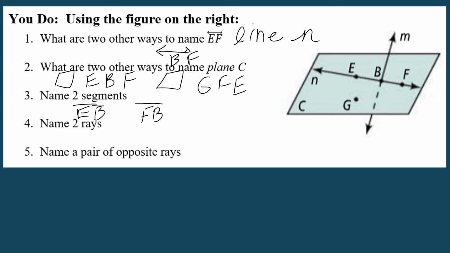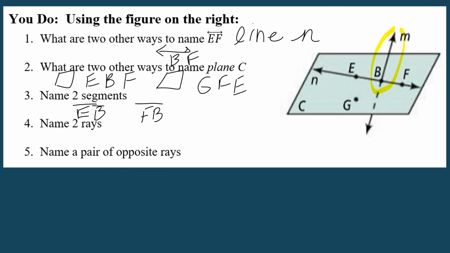Then you want to name your 2 rays. Technically this ray here does not have a second point there.